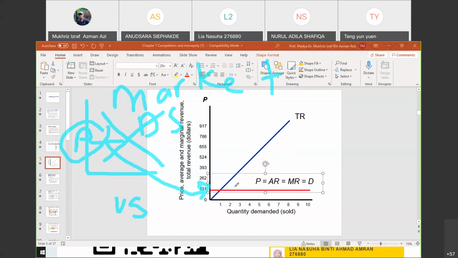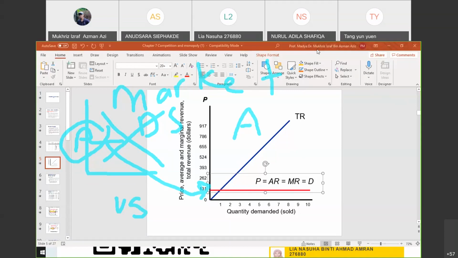This horizontal line is the individual demand, meaning that if this is company A, the company A demand curve will be horizontal because they can only sell at one price. But how is this price set? It is set by the market when demand and supply intersect.